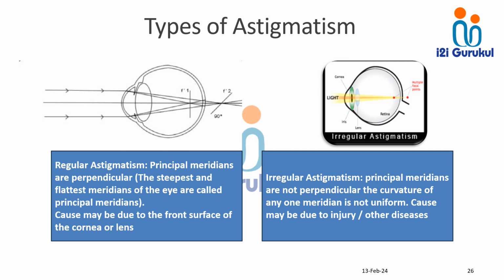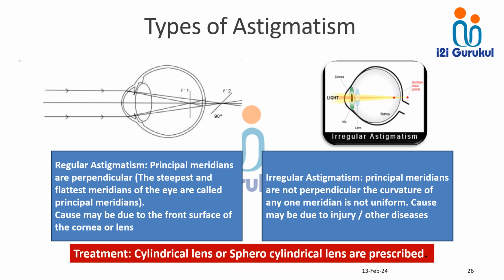Okay. In this you can see a variation in the angle between the two meridians. So to treat astigmatism, cylindrical lenses or spherocylinder lenses can be prescribed. Okay. These are the treatment options we can prescribe for the astigmatism condition.